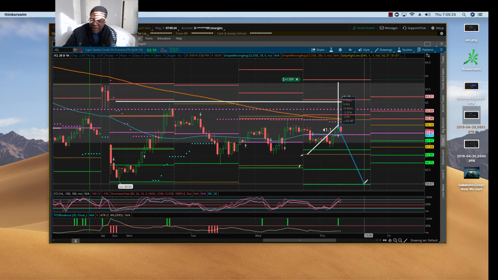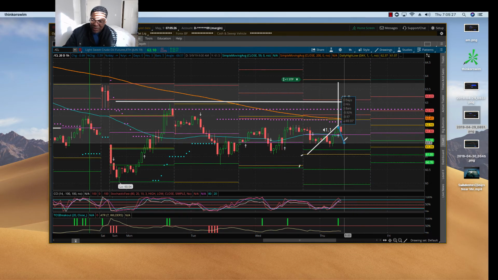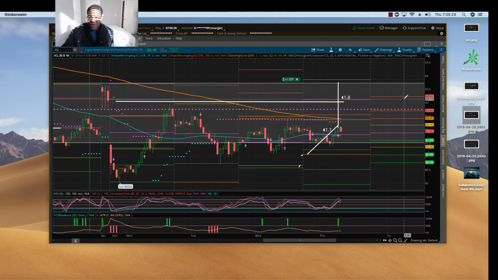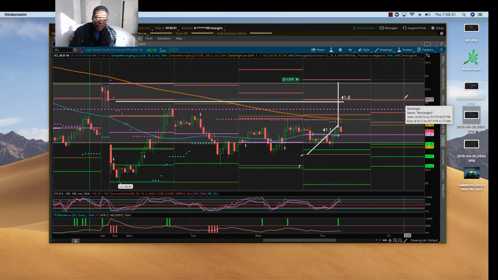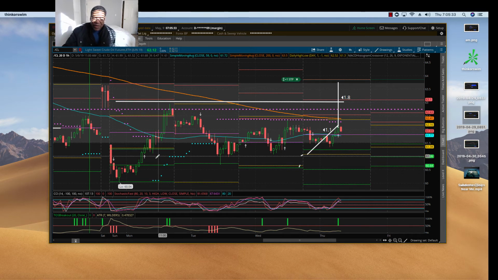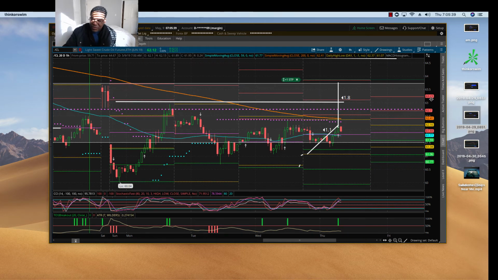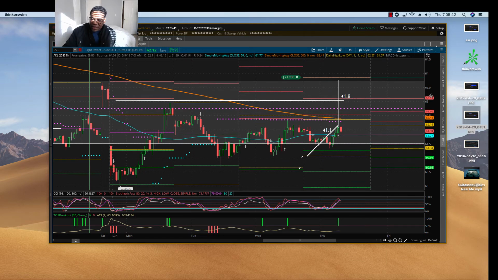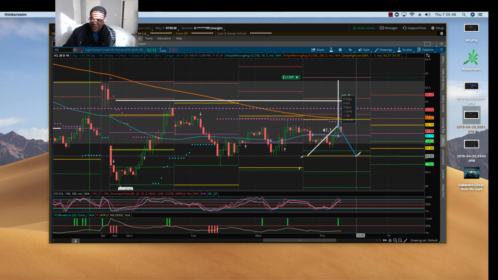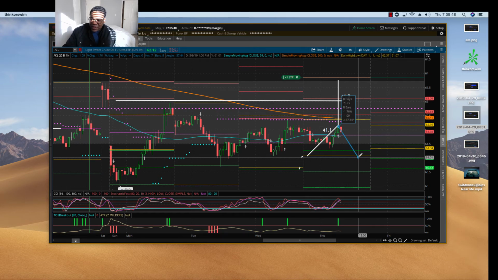Most likely will not hit S3. Very rarely do you hit S3. Most of the time, you're hitting S1, S2, R1, R2 levels. And so our outlook is basically kind of, you know, to here or more.